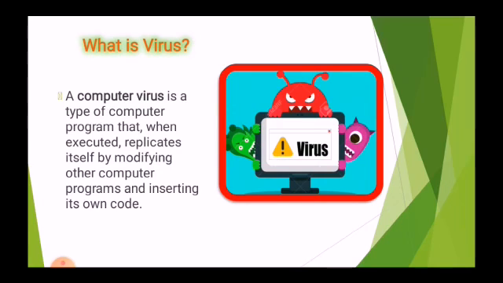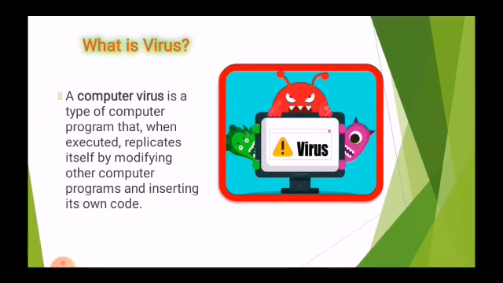A computer virus is a type of program that, when executed, replicates itself by modifying other computer programs and inserting its own code. That means a virus can badly affect or infect your computer without your knowledge. Once a virus is in your computer, your files and operating system may get damaged.